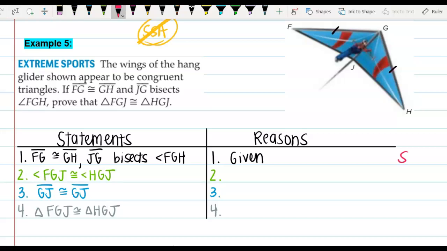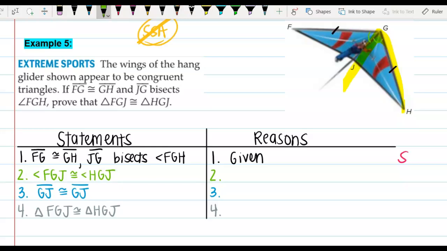And then JG bisects angle FGH, which doesn't tell us it's congruent, so we can't mark it. So number 2, FGJ, F to G to J. You see that for the most part.